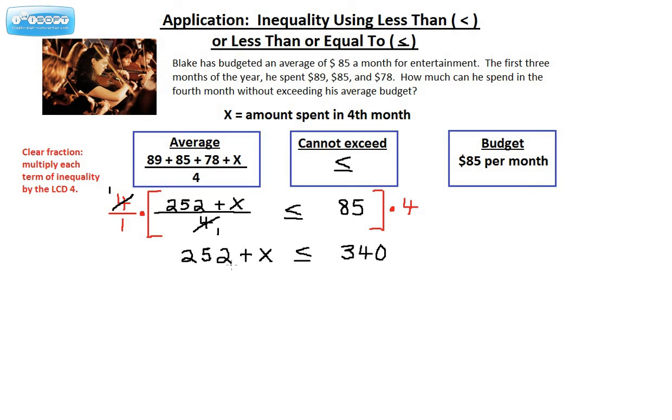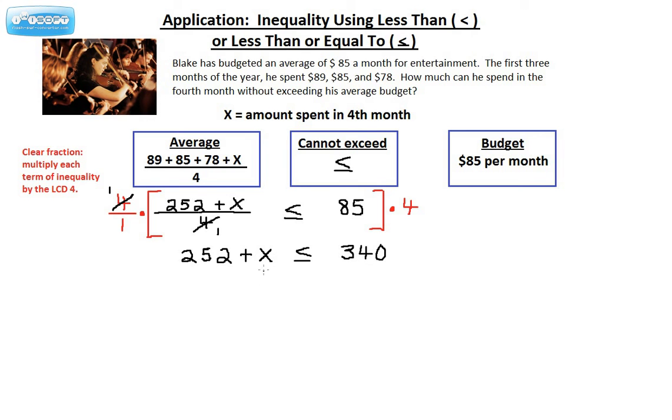The common denominator here was 4, and multiplying by that makes this cancel and give us 1. So we have 252 plus x. On the right, when we multiply 85 times 4, we get 340.